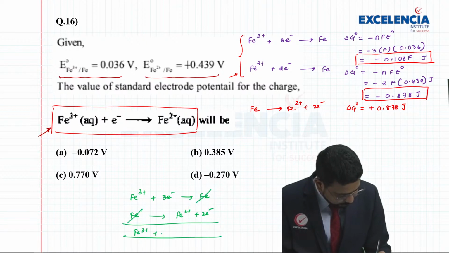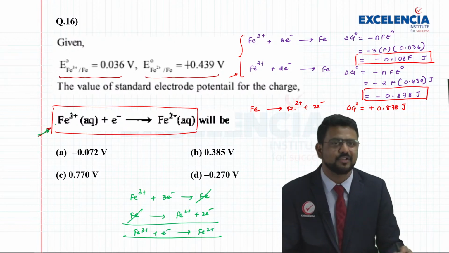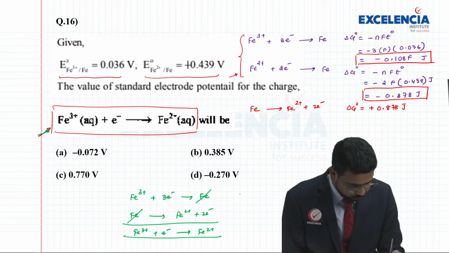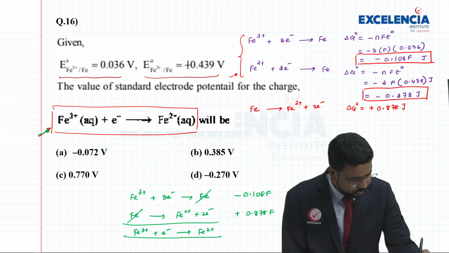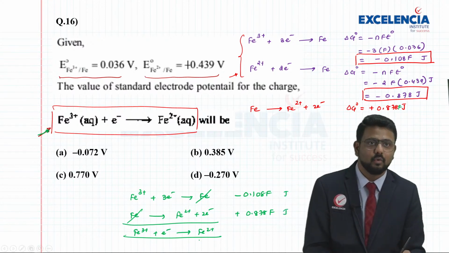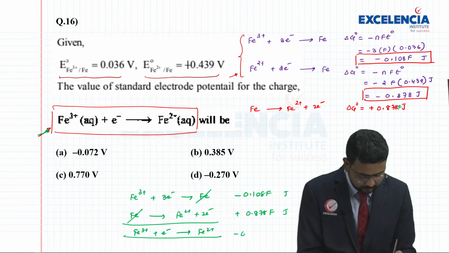Fe3+ plus 1 electron giving you Fe2+, which is actually our required equation, yes or no? The corresponding delta G naught value here is negative 0.108 F and this becomes positive 0.878 F joules. In both cases it is joules, right? So this value will come out to be negative 0.77 F joules.